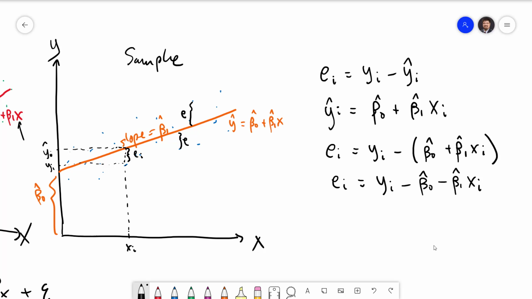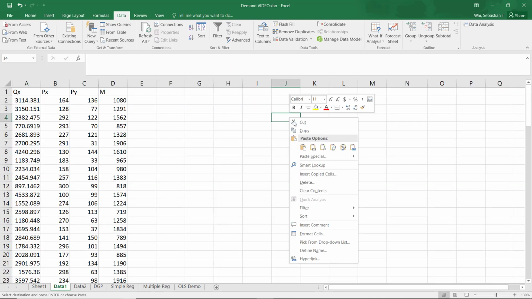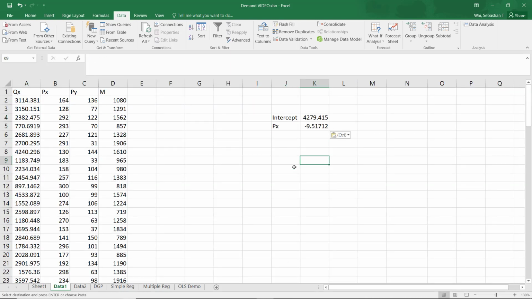Next, we're going to go over to Excel and calculate the residuals. What I'm going to do is just take our estimates and copy and paste those back over onto our original datasheet. I'm going to make an entire column of y hats, or in our case, Q hat. And so remember, that's going to be intercept.